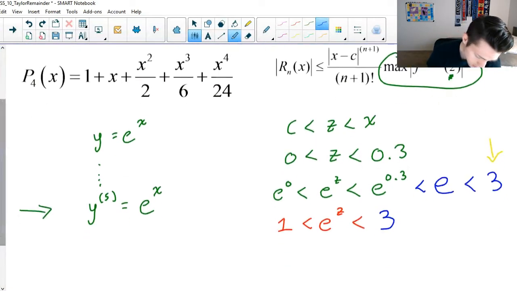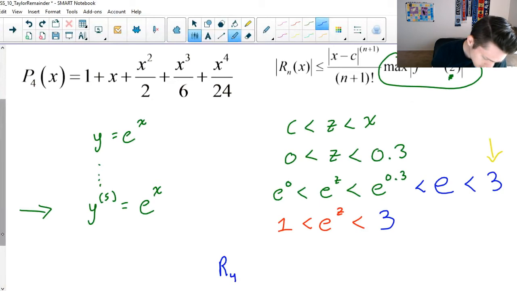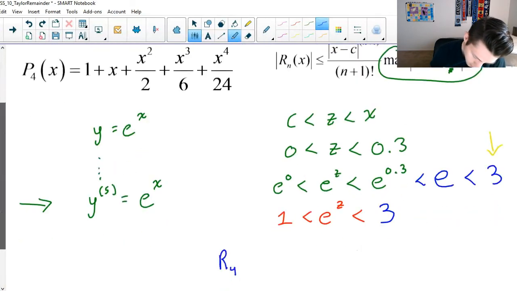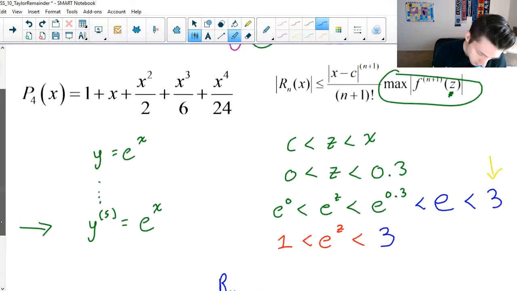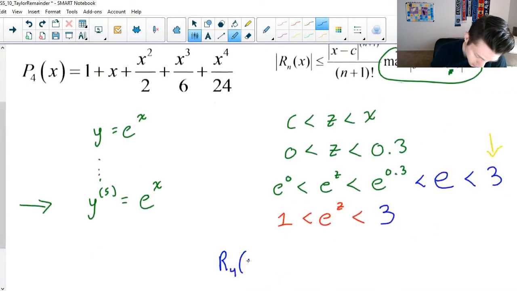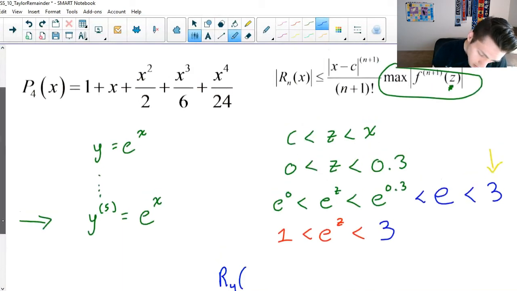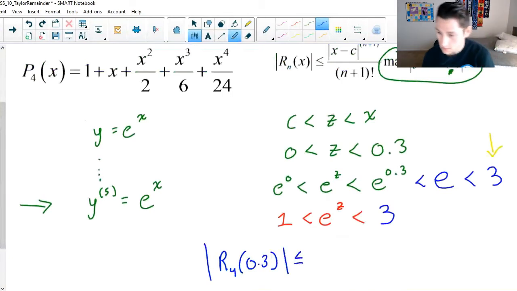Okay, so what is it? The fifth remainder of x, which we know x, we're trying to approximate 0.3, so of 0.3 is less than or equal to, and then we just go through that formula that I have up there.